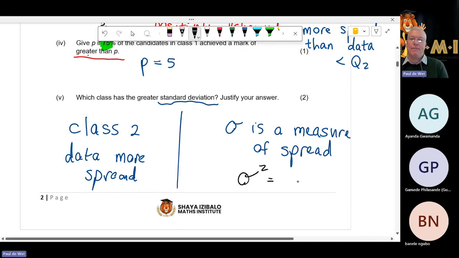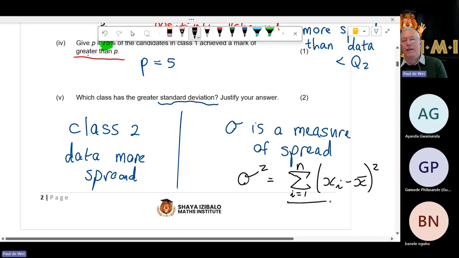Sigma squared equals the sum from i equals 1 to n of (xi minus x bar) squared, over n. This gives us the formula for sigma squared. Sigma squared is actually called the variance, and to get our answer, we would square root it.